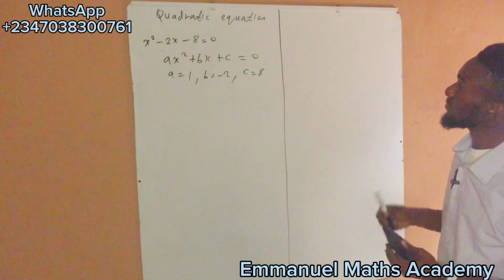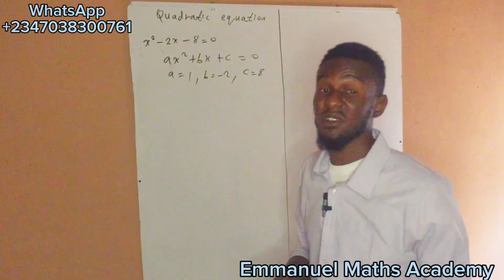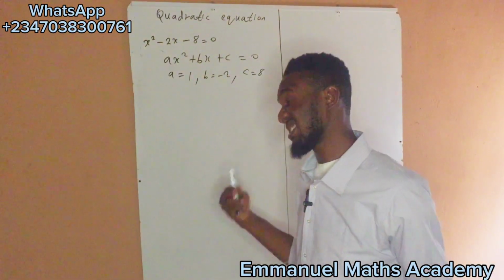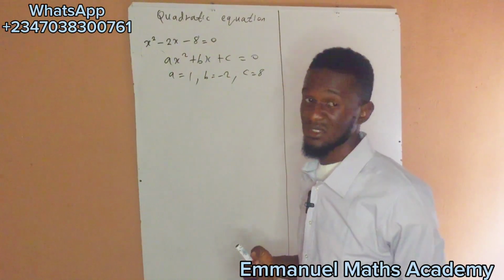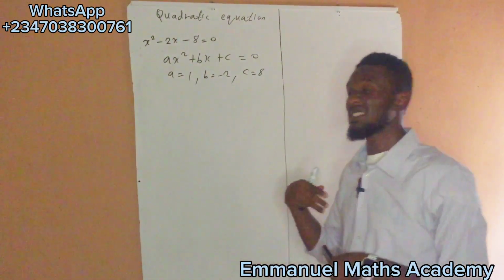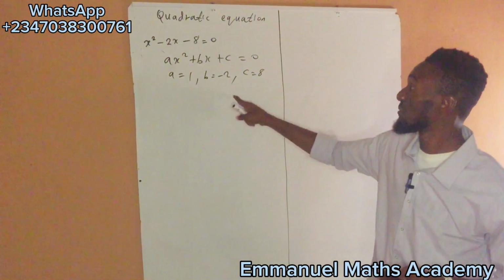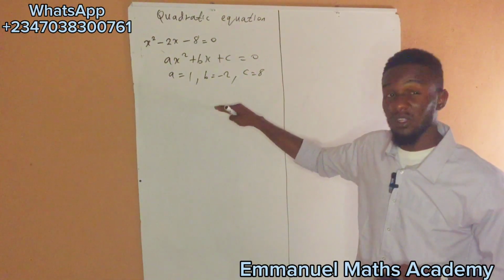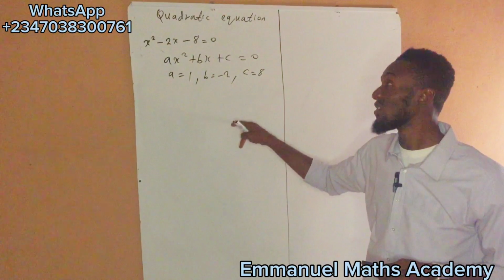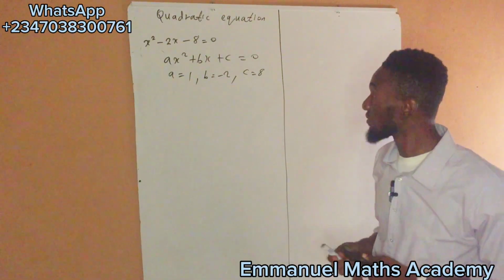Now we have so many methods of solving quadratic equation. We have the factorization method, graphical method, completing the square method. But in this class today, we're focusing on the factorization method of solving quadratic equation.